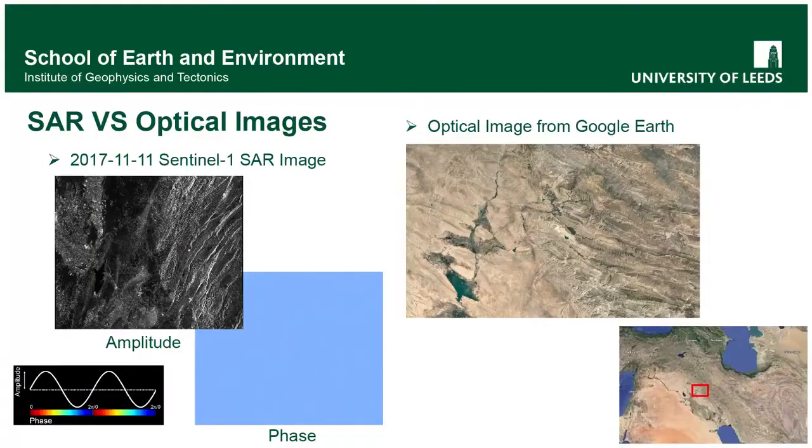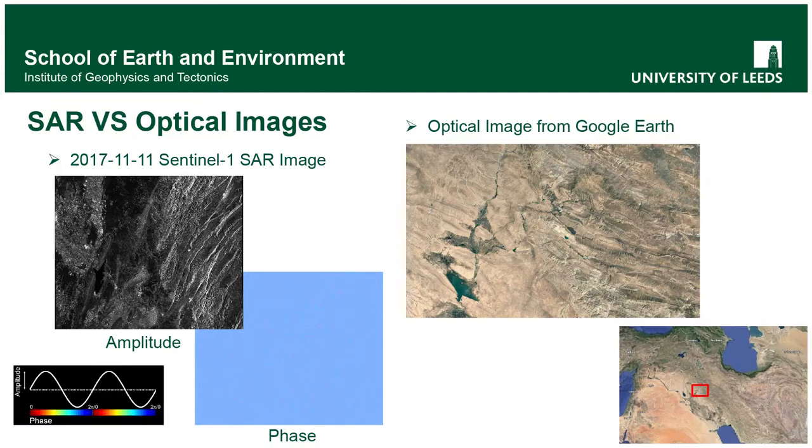So yeah, it can use a very small antenna to reach high resolution pixels. Let's compare some InSAR images with optical images. The left side is the InSAR image, where the original data is actually complex data. It contains both an imaginary part and a real part, or the amplitude and the phase.